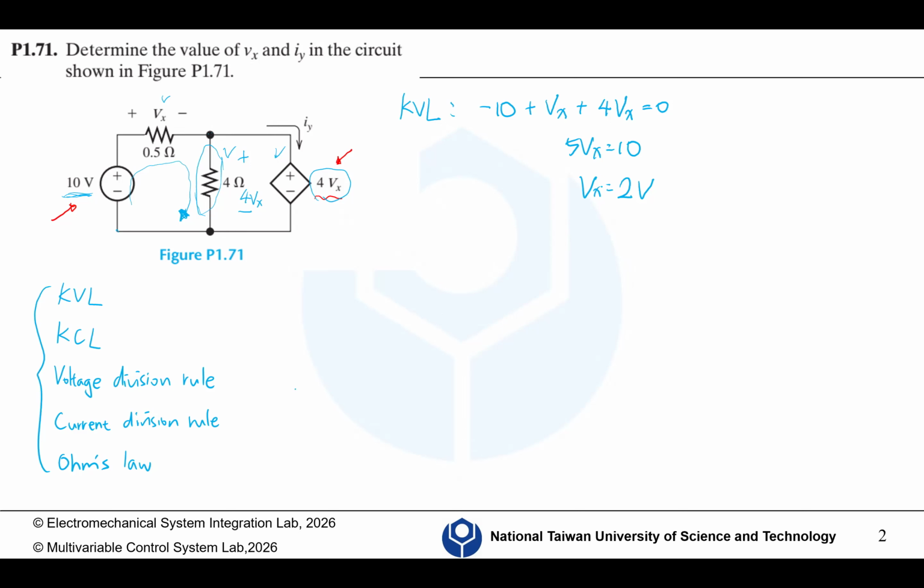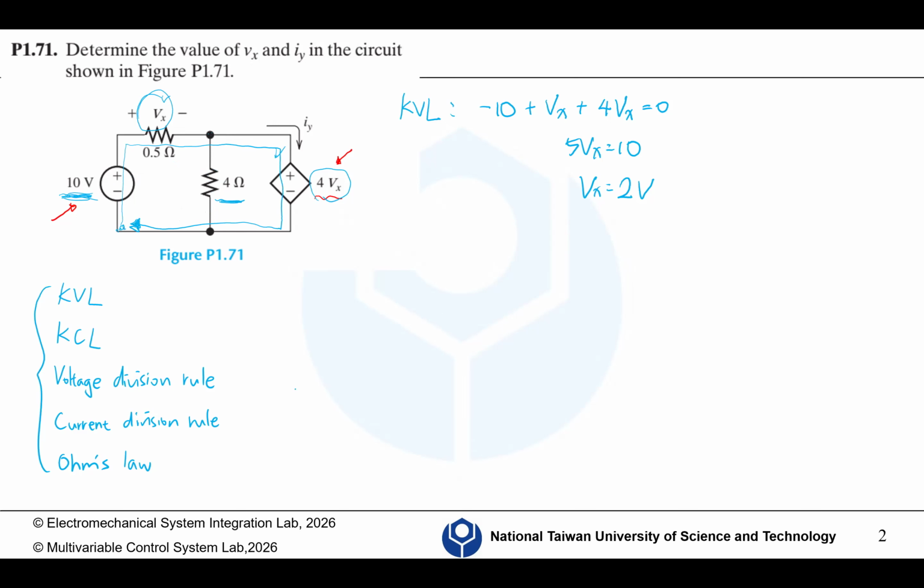Another point of view, because for this 4 ohm resistor the problem doesn't specify the voltage across it, instead we look at this outer loop, because luckily on this outer loop all the voltages across the components are defined or given as a variable.